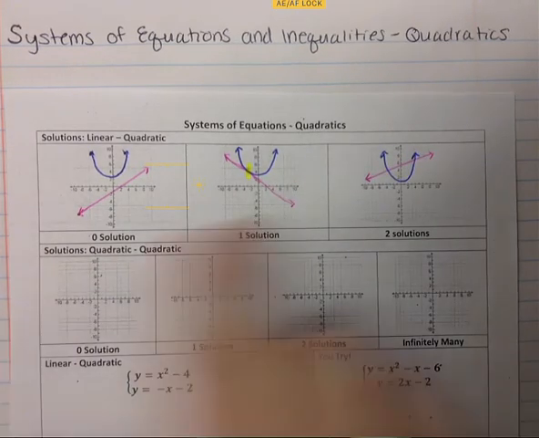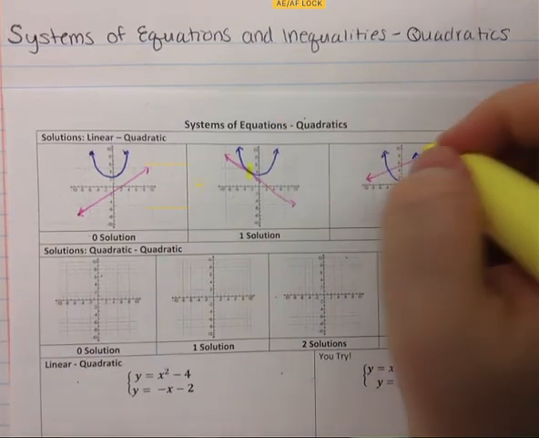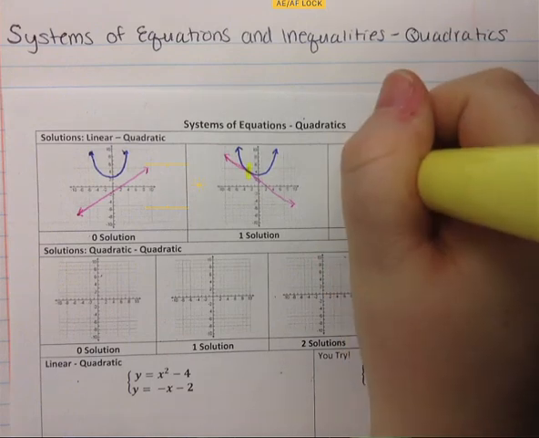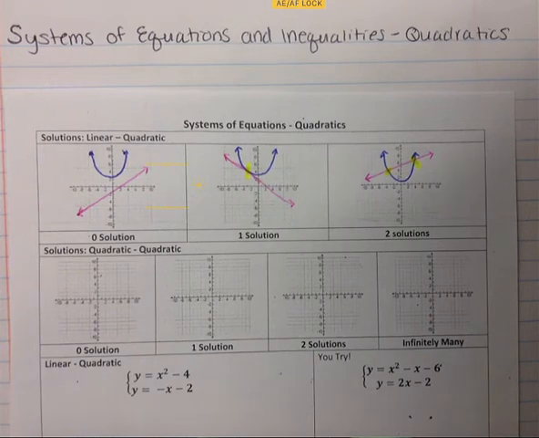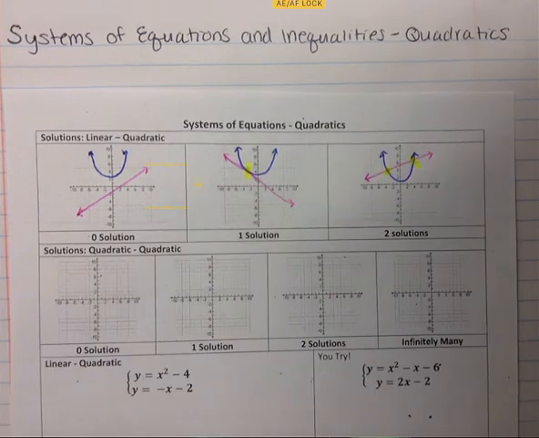So here I have the pink line and the blue parabola crossing twice. These are the two solutions for a parabola and a line. A parabola and a line cannot cross 3 times, because it would no longer be a parabola, and the line can't come back around; it wouldn't be a line if it came back around.